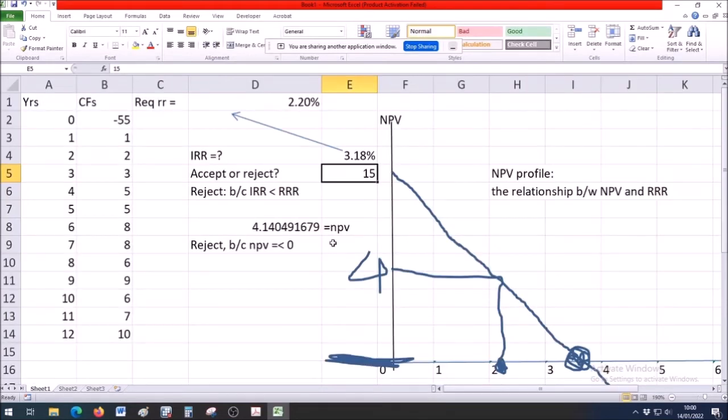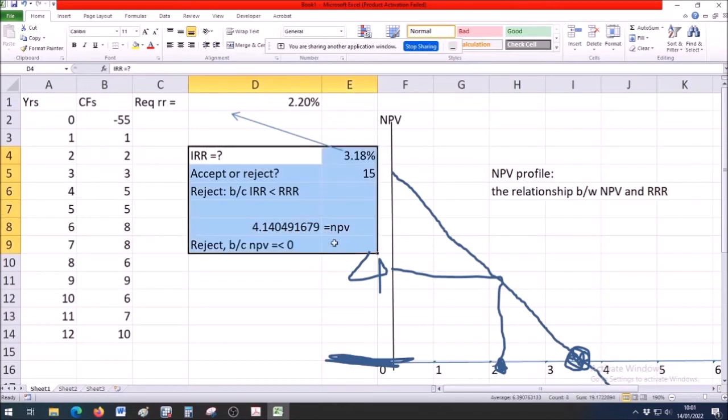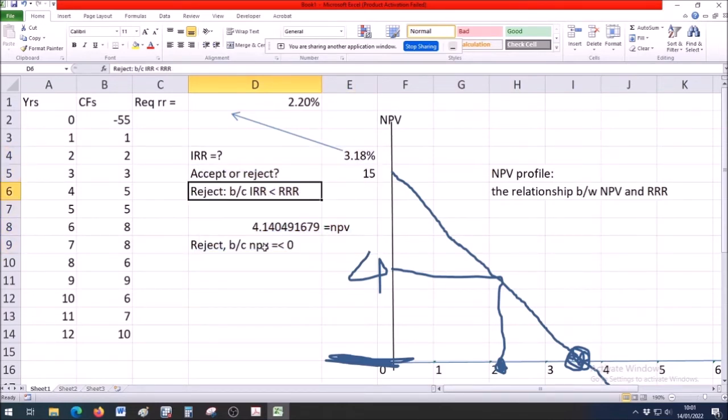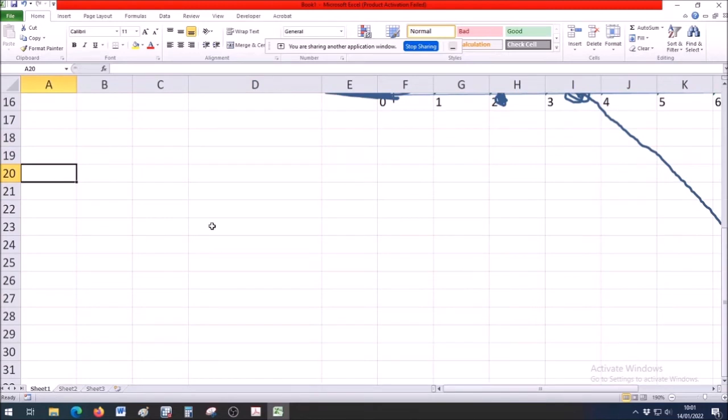But even though IRR and NPV are kind of different sides of the same coin, sometimes they can conflict a little bit. They don't conflict on whether they should accept or reject the project, but NPV versus IRR in different size projects.